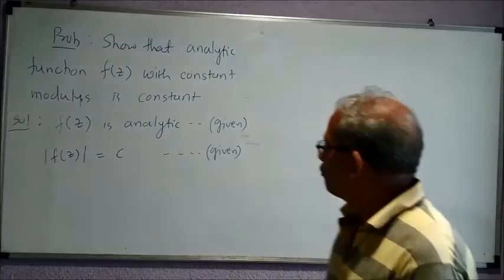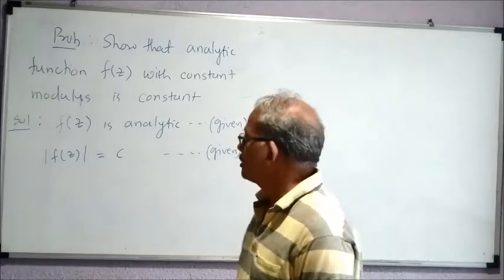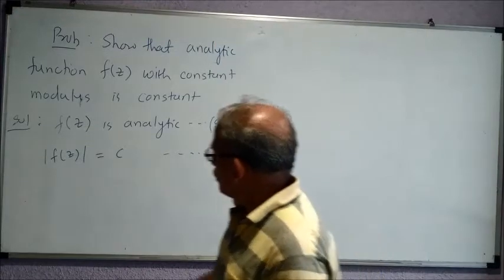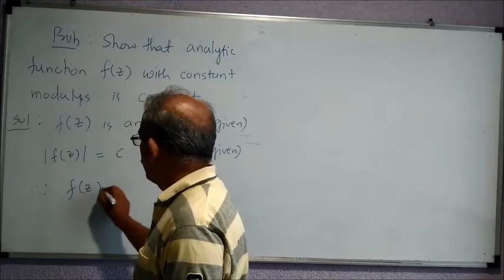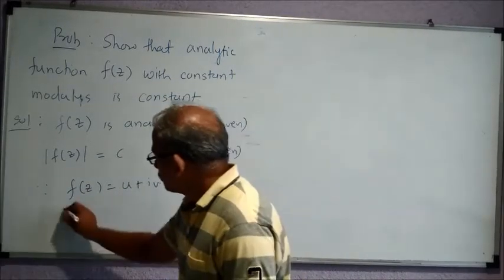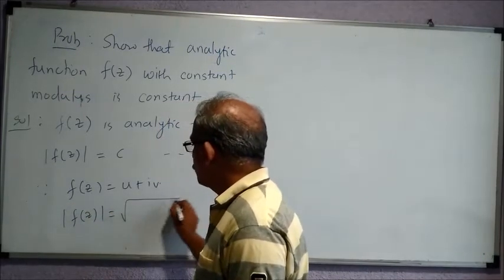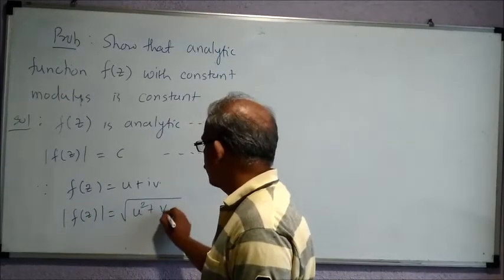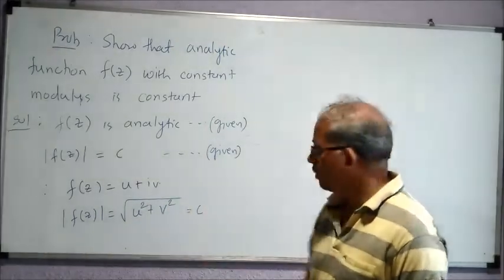Fine, so we'll use this fact first: modulus of f of z is equal to c. Since f of z is always u plus iv, the modulus of f of z is under root of u square plus v square, which is equal to c as given.